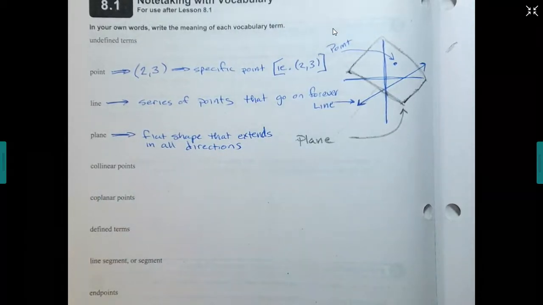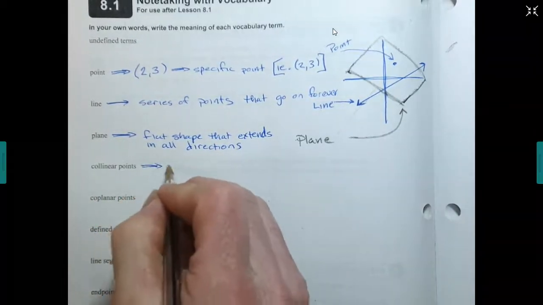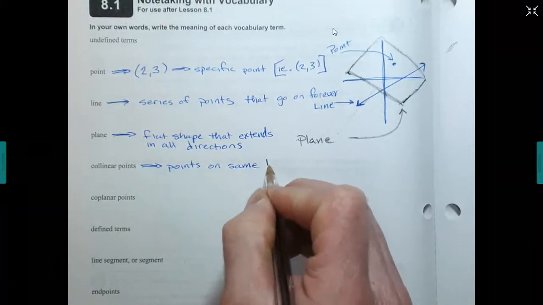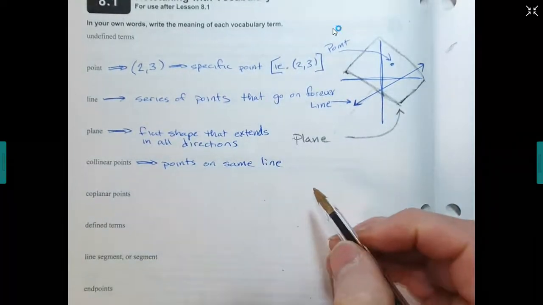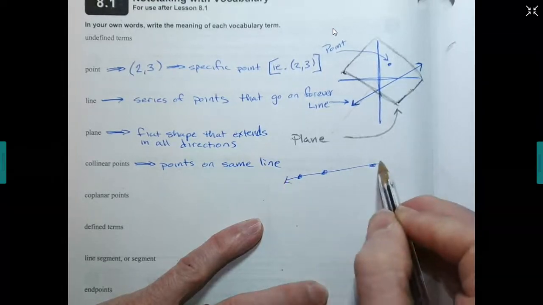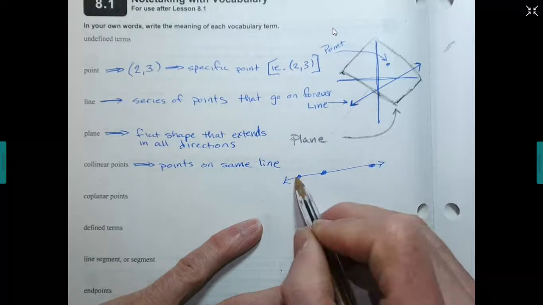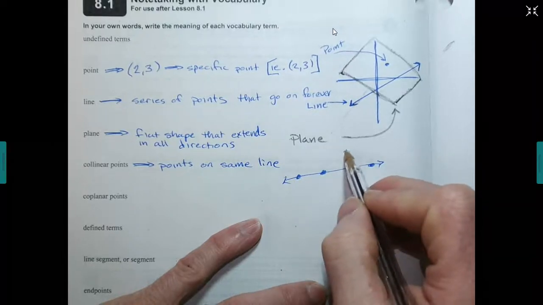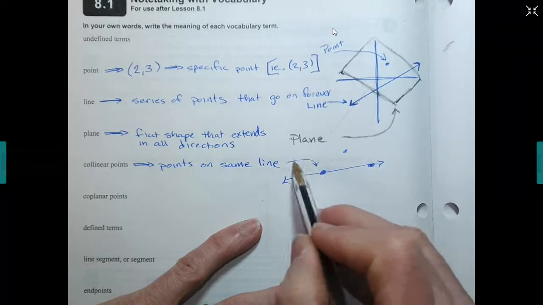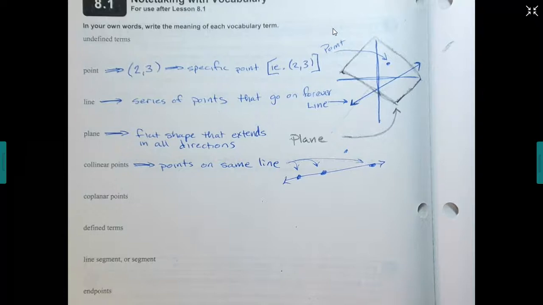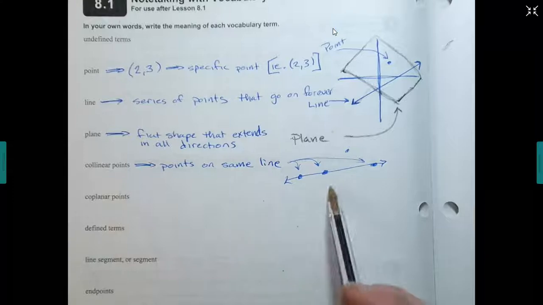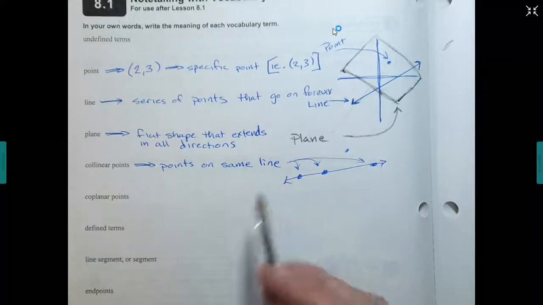All right. Collinear points are points on the same line. So if I have this line, these three are coplanar points. That is not. Scratch that. Collinear. Those are collinear points because they're on the same line.